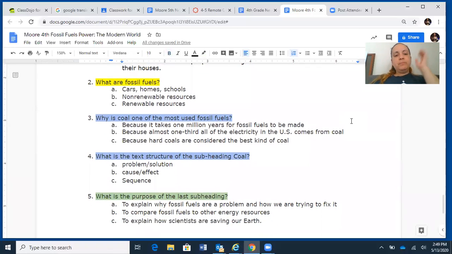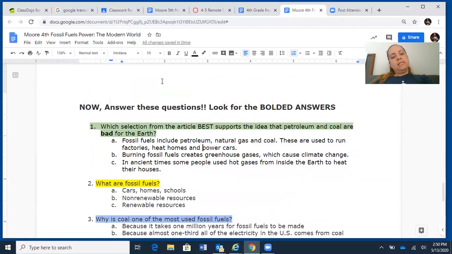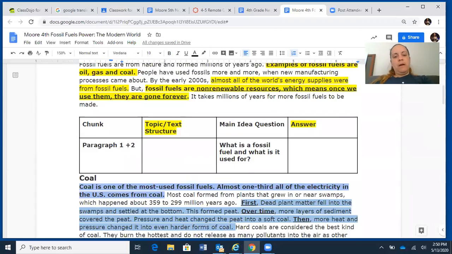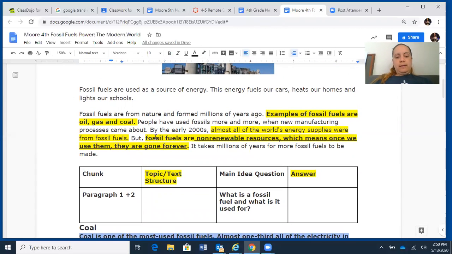Number 2, what are fossil fuels? Let's go back to the yellow. Remember, we're looking for the bolded answer in yellow. Okay, so examples of fossil fuels are oil, gas, and coal. There's more bolded. Fossil fuels are non-renewable resources, which means once we use them, they are gone forever.